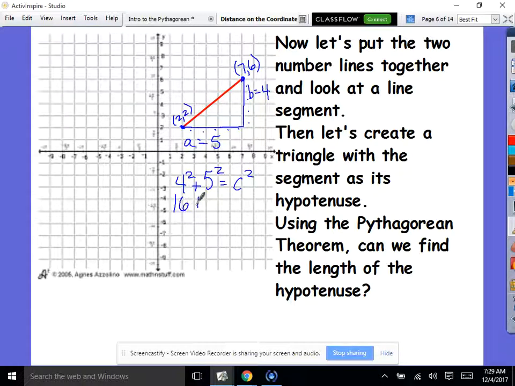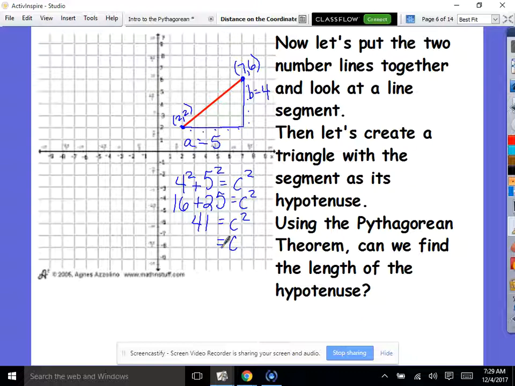And we know 16 plus 25, because we know 4 squared and we know 5 squared. And if we add these together, we get 41 equals c squared. And if we take the square root of 41, we get 6 point something.